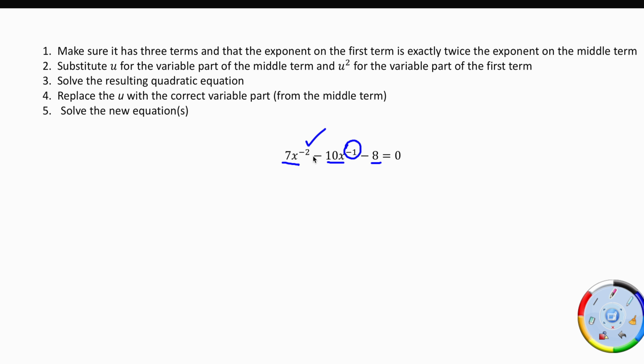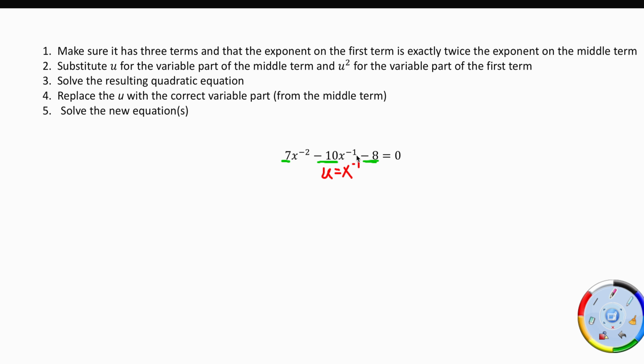So this one is quadratic in form. If that's the case, I'm automatically, every single time, going to let u equal whatever the middle variable part is. The only thing I'm going to get out of this equation are the coefficients and the constant. The variables I'm substituting for.